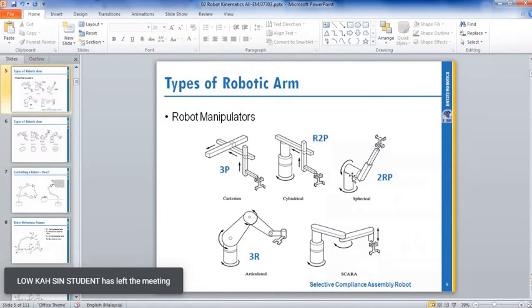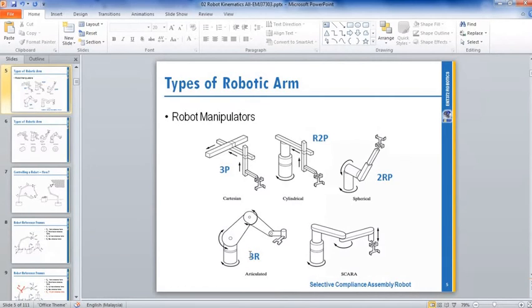So spherical. 3R or more, we call an articulated robot. So 3 revolute joints, or 3 rotation revolute joints, we call articulated. And this is a Scara robot. You have 2 revolute joints and 1 prismatic.